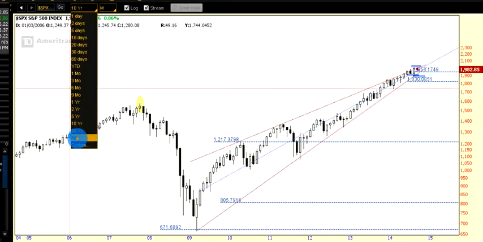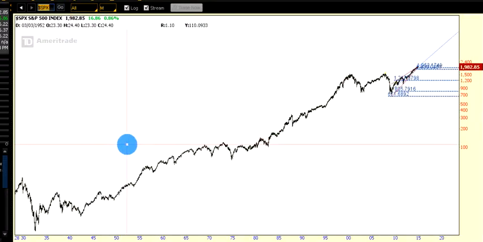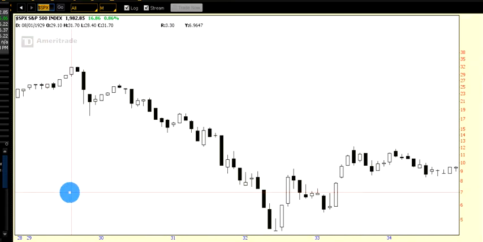Let me show you something else while we're talking about history. This right here is the 1929 crash. Let me zoom in on this a little bit. So this was the stock market crash, the day that you always see on the news.